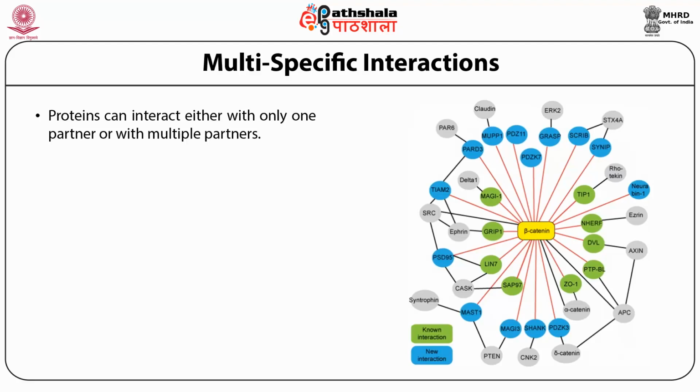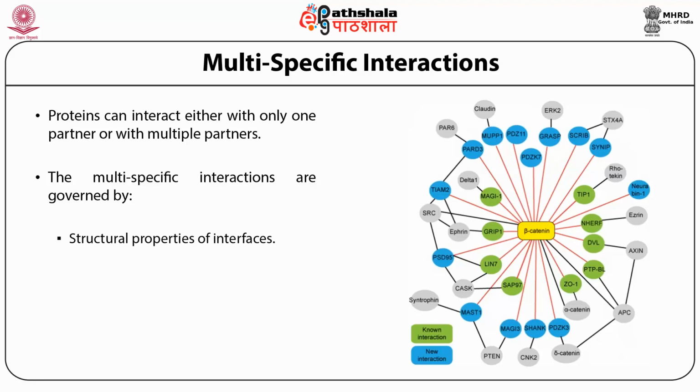Many transcriptional co-activators and co-repressors also form this kind of interaction. The multi-specific interactions are governed by structural properties of the interfaces and the thermodynamics of the interaction. Many different factors come into play to determine whether a protein is going to form multi-specific interactions or is going to be monospecific.